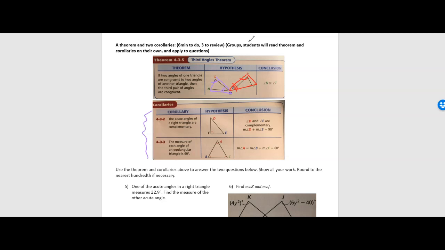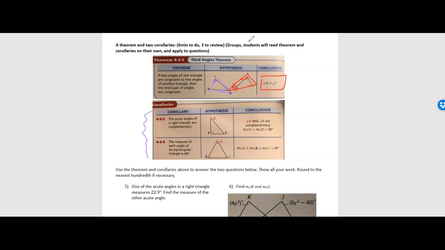Well, based on the triangle sum theorem, we would always know that those third angles would always have the same measurement. So we could say that angle N is congruent to angle T. We don't have to go through the process of finding different measurements. We just know that those two angles have the same measurement, and thus they would be congruent. So the third angles theorem is definitely something that you're going to use in proofs from here on out.